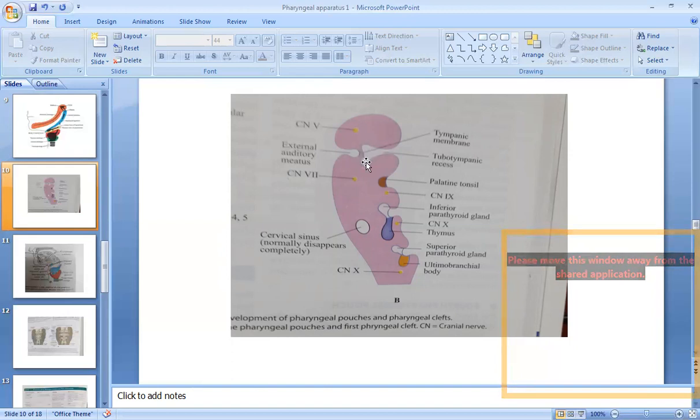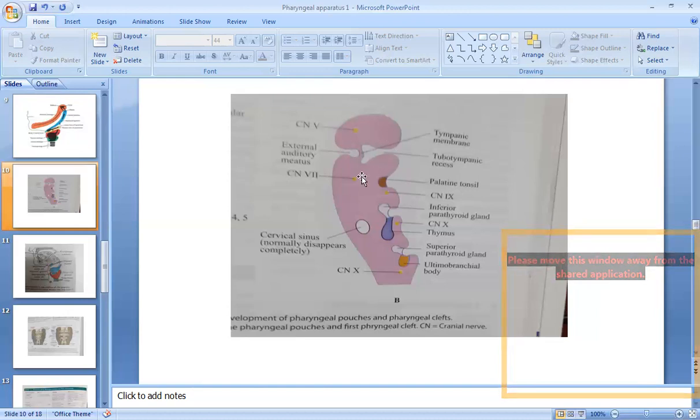Ultimately, it will be responsible for the formation of the tympanic membrane and the eustachian tube. These are the derivatives, the auditory tube, the eustachian tube, and the tympanic membrane. They are formed by the first pharyngeal pouch. And the external auditory meatus is formed by the pharyngeal cleft, which comes from outside.